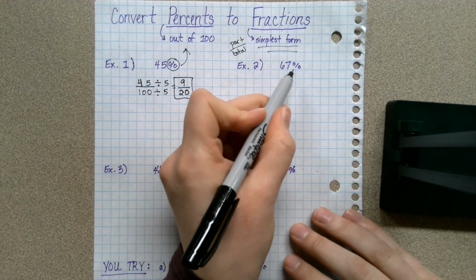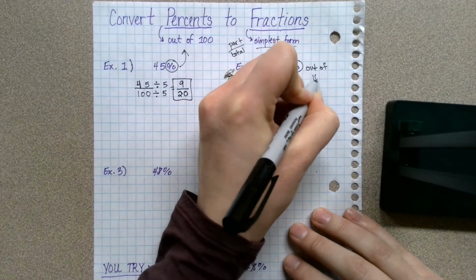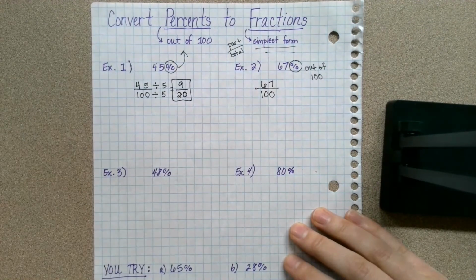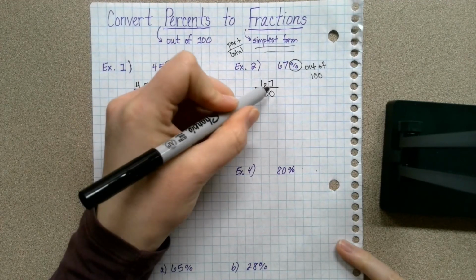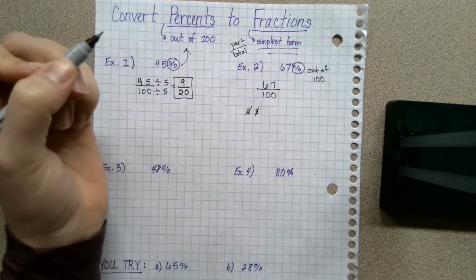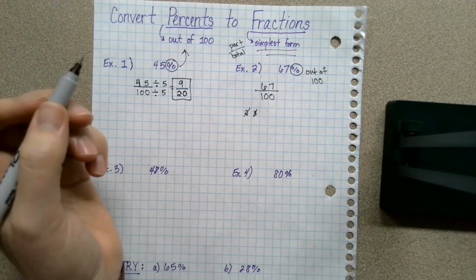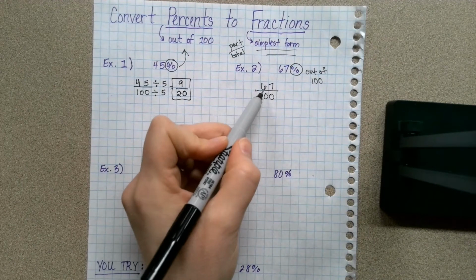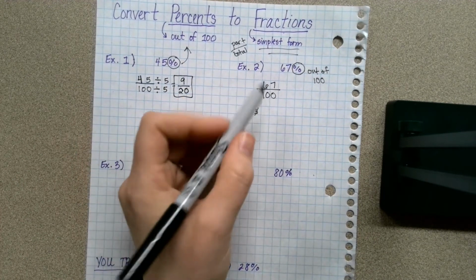Second example, 67%. Percent, this symbol right here means out of 100. So we're going to put the 67 over 100 to mean the same thing, and then we check to simplify. 2 doesn't work because we have an odd number. 3 doesn't work because if we add up the digits for either of them, their sum is not divisible by 3. 4 also does not work because it would have to go into 68. 5 only works for 100.